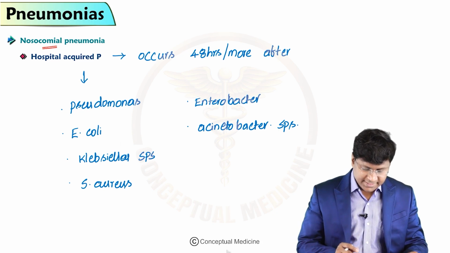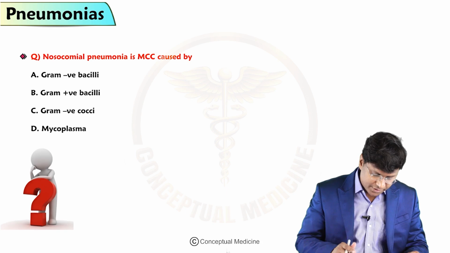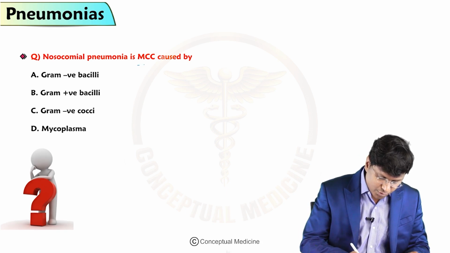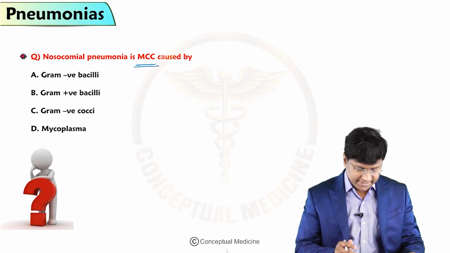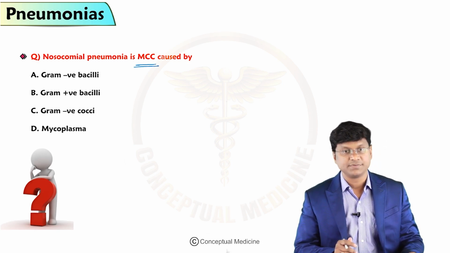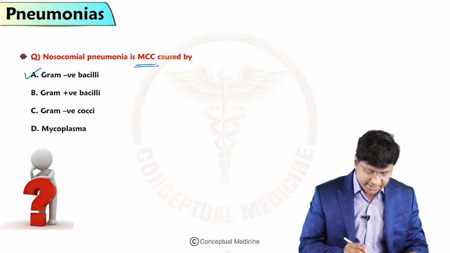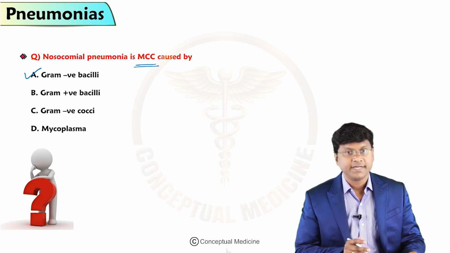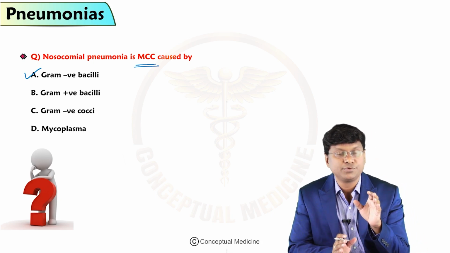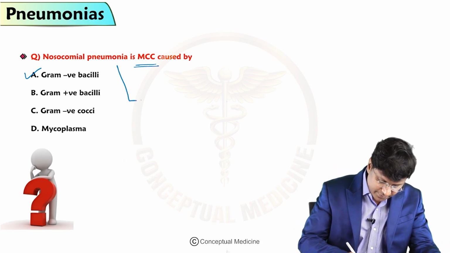Now there is a very important question related to nosocomial pneumonias. Nosocomial pneumonia is most commonly caused by gram-negative bacilli, gram-positive bacilli, gram-negative cocci, or Mycoplasma? Please remember, nosocomial pneumonias are caused by gram-negative bacilli.